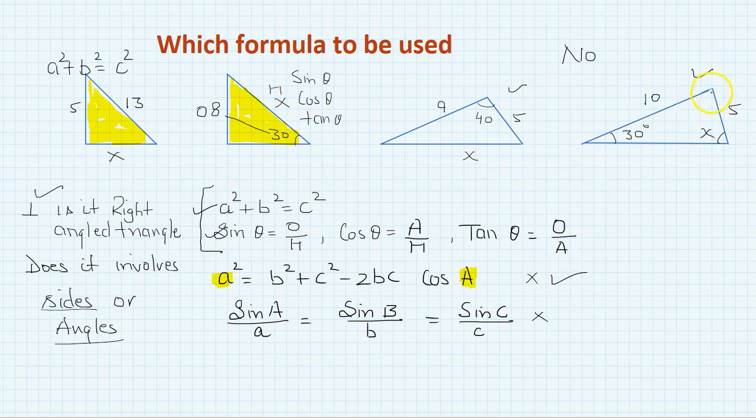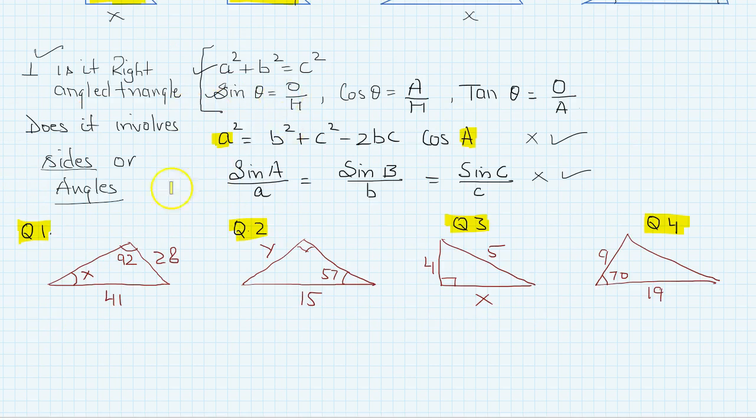And if the angle between the two given sides is not given, then we are going to use the sine formula. This is very simple. I am giving you 4 questions. You try to find the solution for that. Now as I told you, there are 4 types of questions, needing 4 formulas to solve. So let's talk about question number 1.